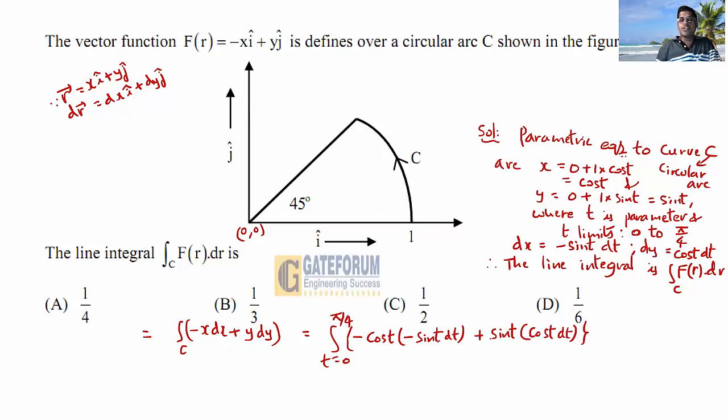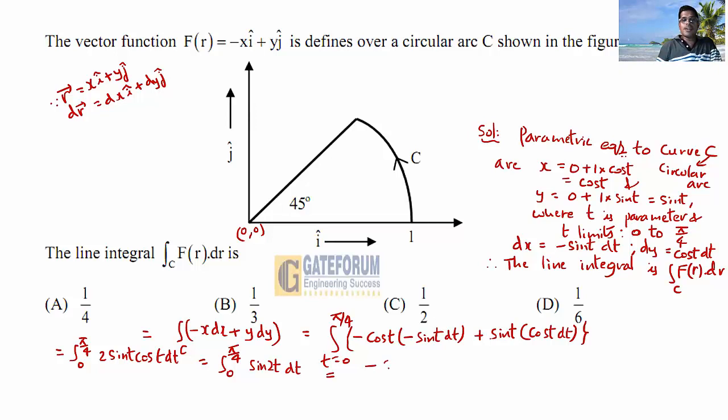So 2 sin t cos t, 0 to pi by 4, which is a repeated quantity, 2 sin t cos t dt. 2 sin a cos a is sin 2a, so the integral from 0 to pi by 4 of sin 2t dt.